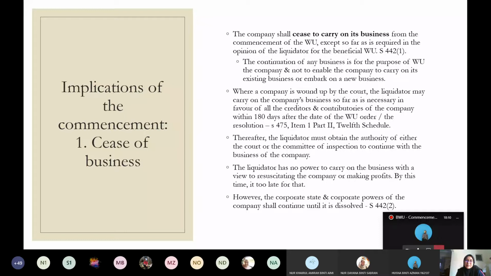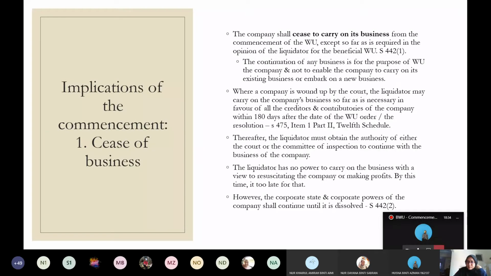Mungkin kalau ada stok dah nak habis, dia tak boleh cari stok baru, for example. So dia tak ada power, dia kata kat sini, the liquidator has no power to carry on the business with a view to resuscitate the company or making profit. By this time it is too late for that. However, the corporate state and corporate powers of the company shall continue until it is dissolved.